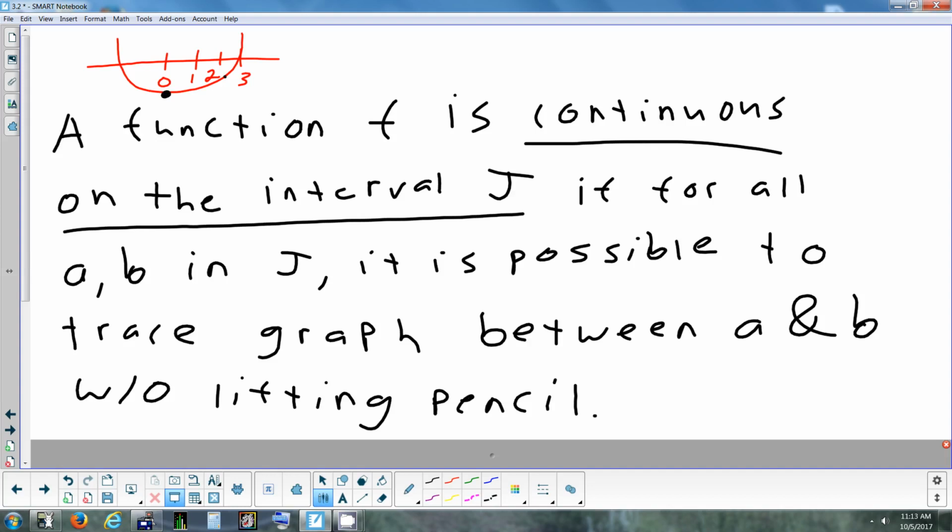There's 0, there's 2 on my graph, and I can definitely trace between 0 and 2 without ever lifting my pencil. I could also trace between 0 and 3, or 1.5 and 1.7. There are a lot of intervals I could trace between. That's the idea of what it means to be continuous. From the start to the end, you don't have to lift your pencil to draw it. Any questions on that idea?